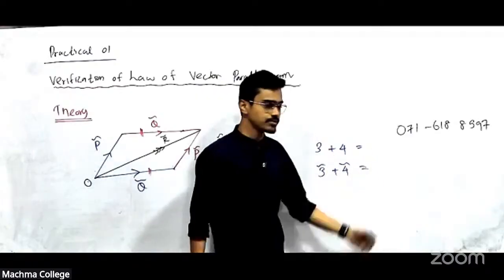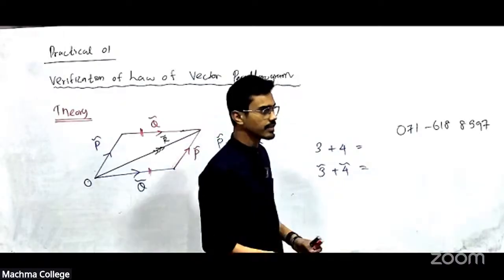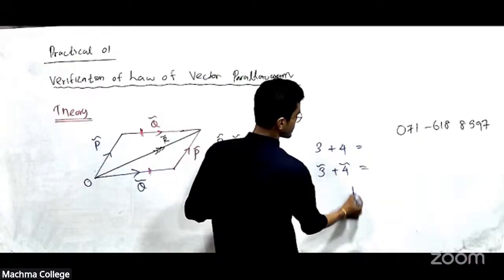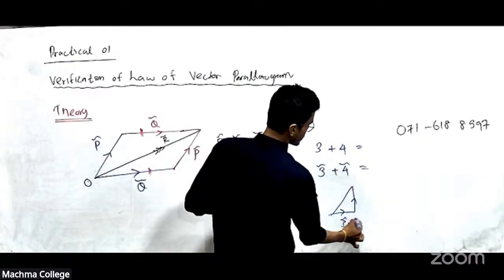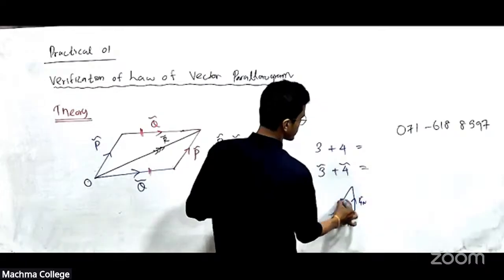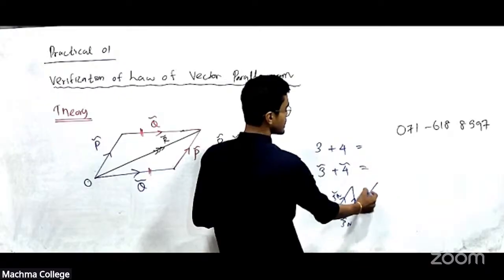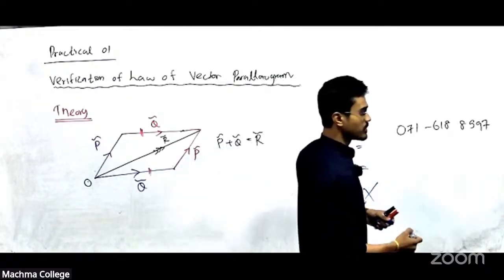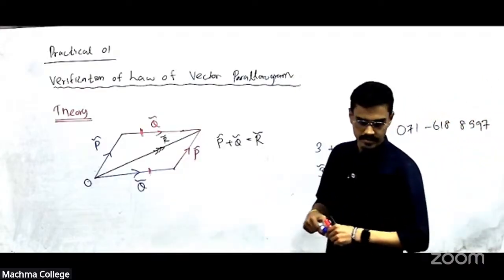Vector 3 plus vector 4? It's actually 5. This is like a scenario of 3 newtons and 4 newtons, where the resultant is 5 newtons. So vector addition and numerical addition are two different things. Math students know this. You have done vector addition?